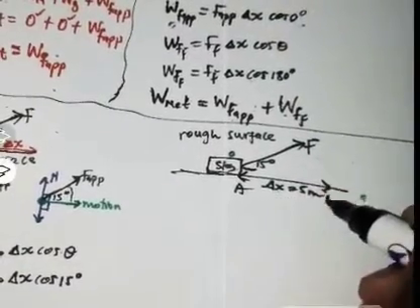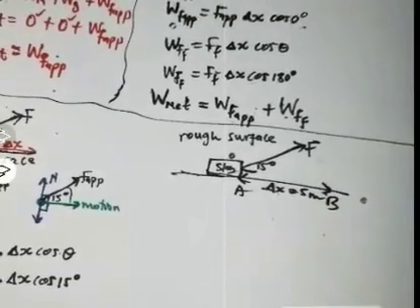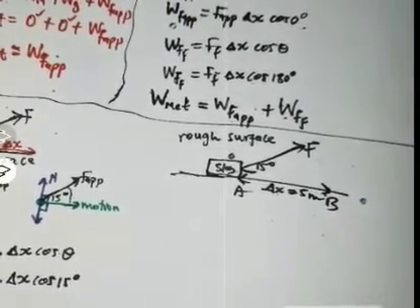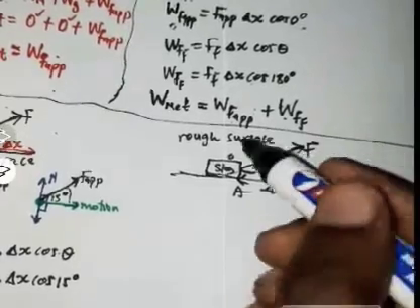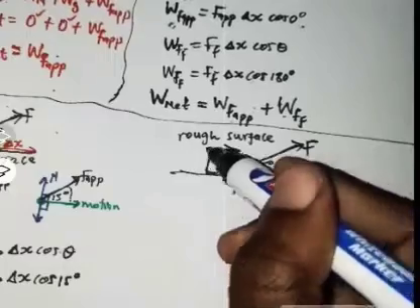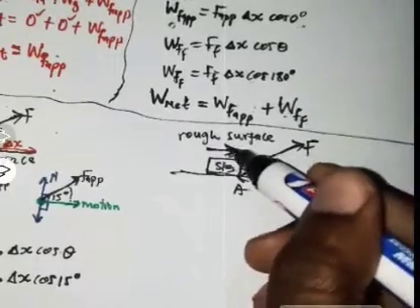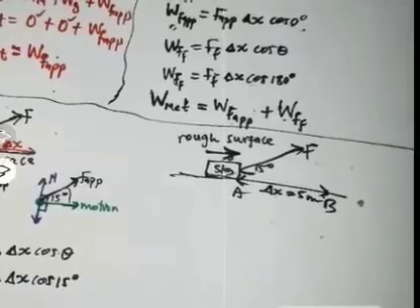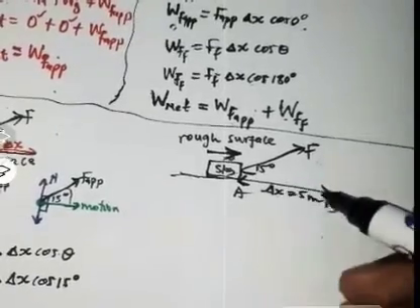Now let's do the free body diagram. Direction of motion: the object is still moving in that way.